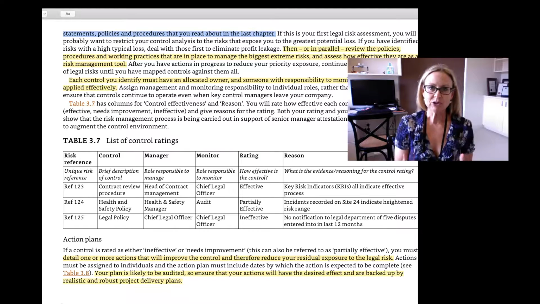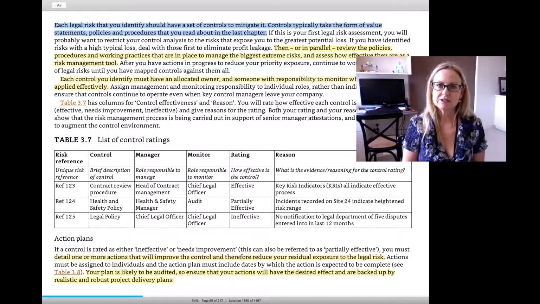So have a look at table 3.7. It's a good procedure for, like I said, making sure that nothing's left to chance. So that is the treatment step, and it also incorporates the monitoring and the review step as well. So that is a legal risk assessment process, step by step.